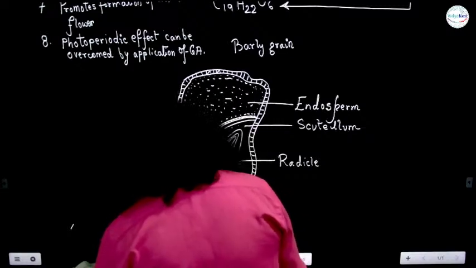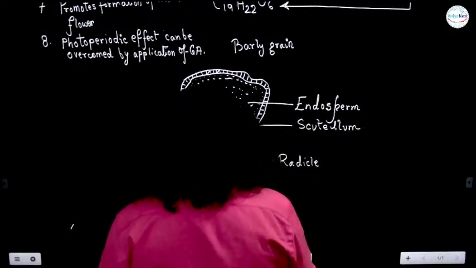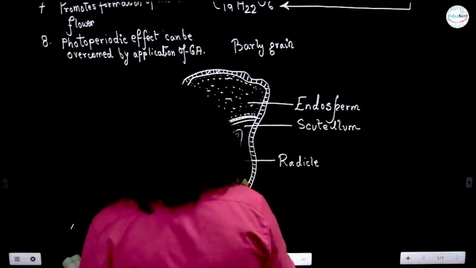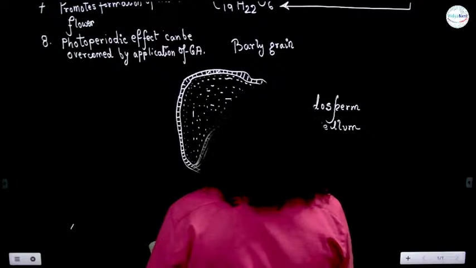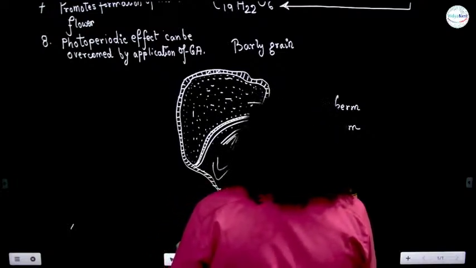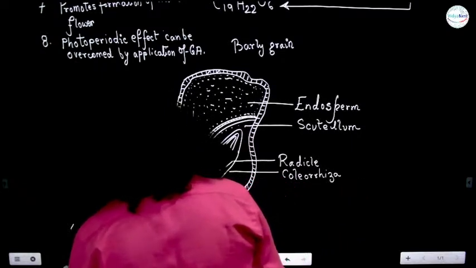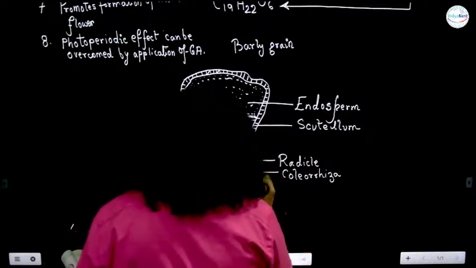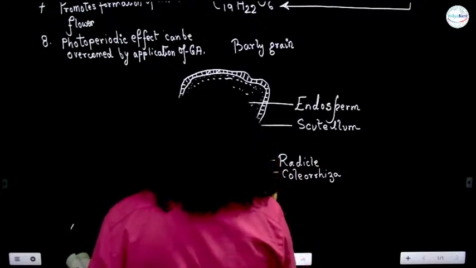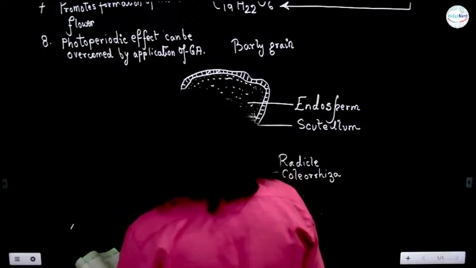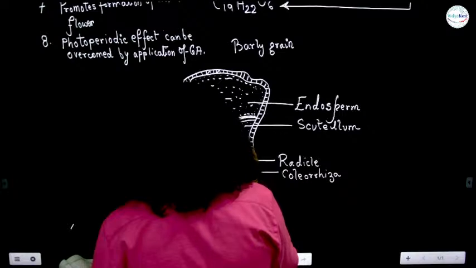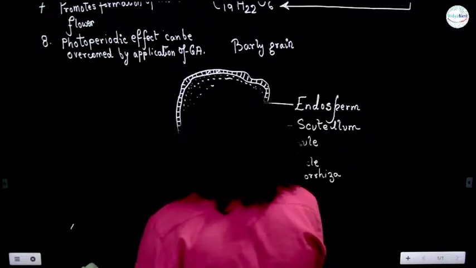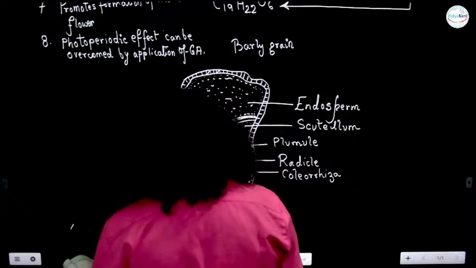This is coleorhiza. This is plumule. And this is radicle. This is coleoptile.